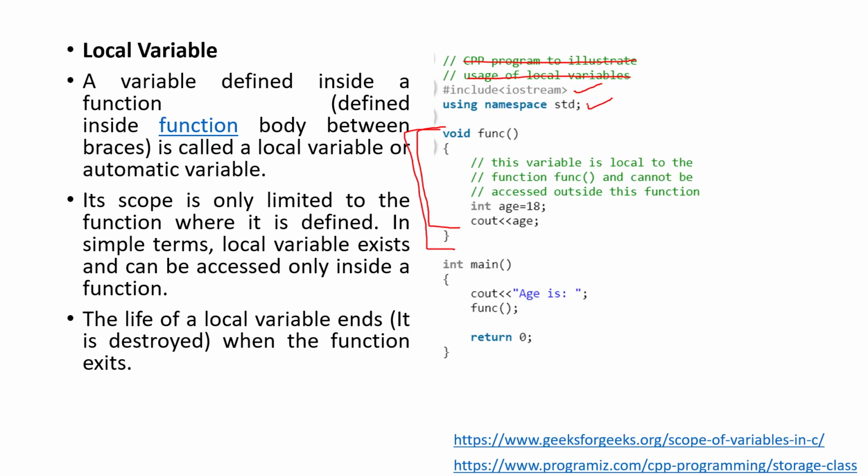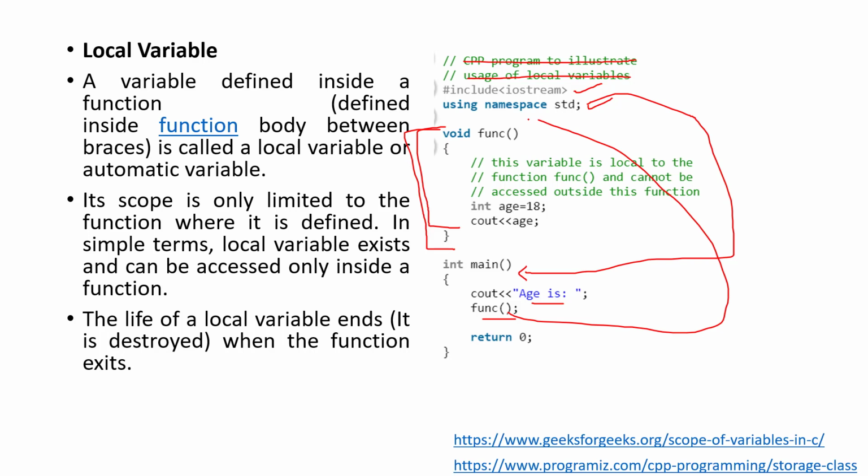Directly after this one, the control will come to int main, curly bracket, cout age is. So this will be printed as such, and then the function. The function is not known to this program, so this will identify the corresponding user-defined function.